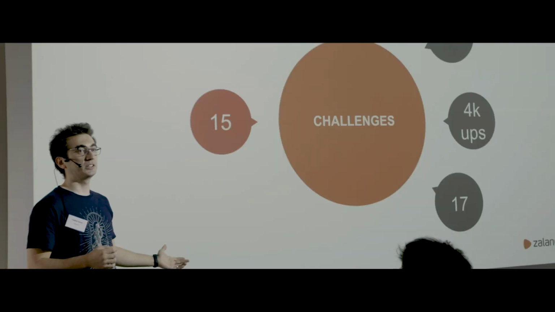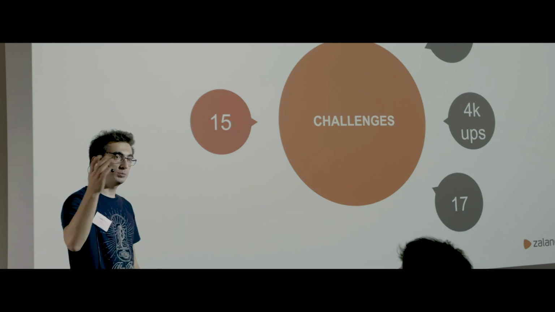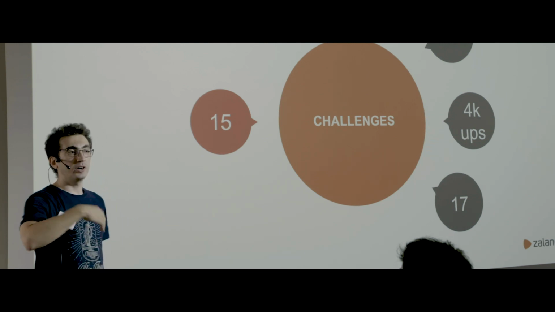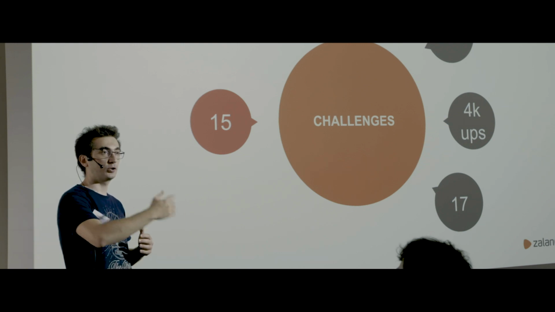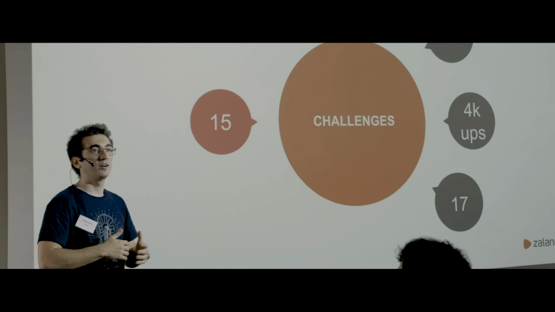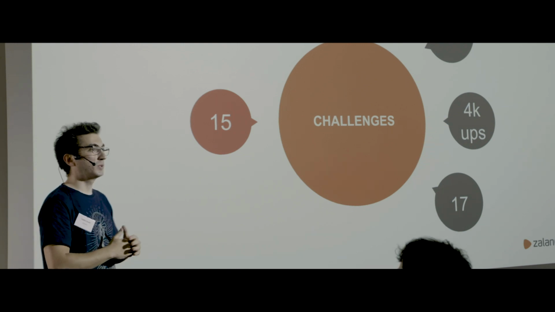It means we have 15 different stakeholders. From market managers to the management board, from the pricing team to the warehouses, everyone wants to have a say in the sorting, because this is the way they can steer the assortment.